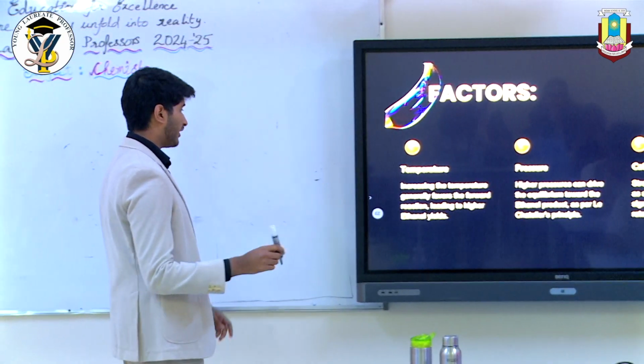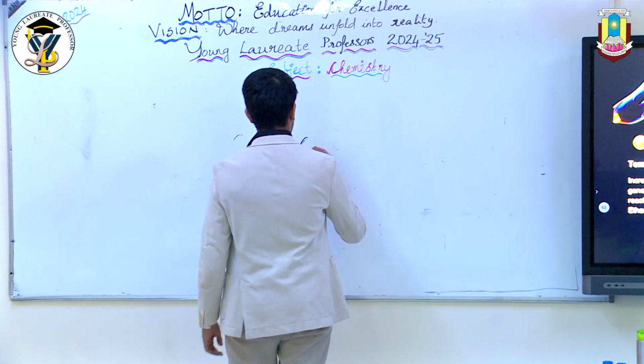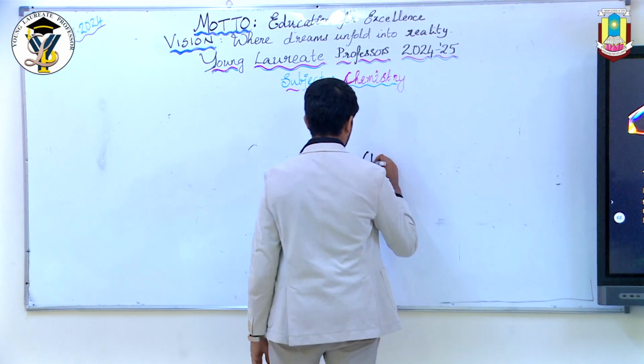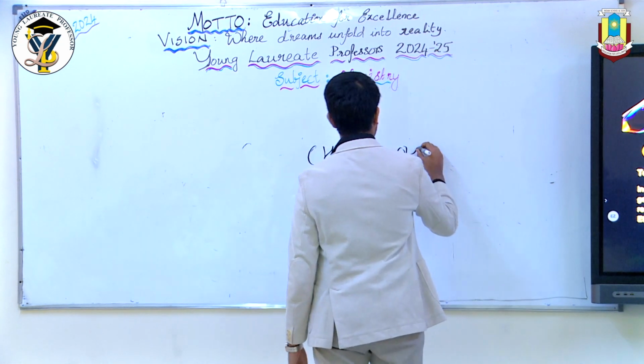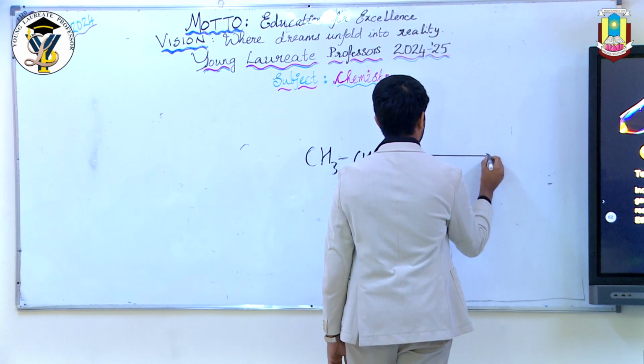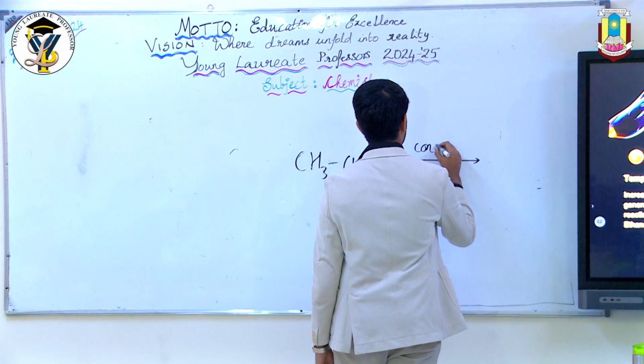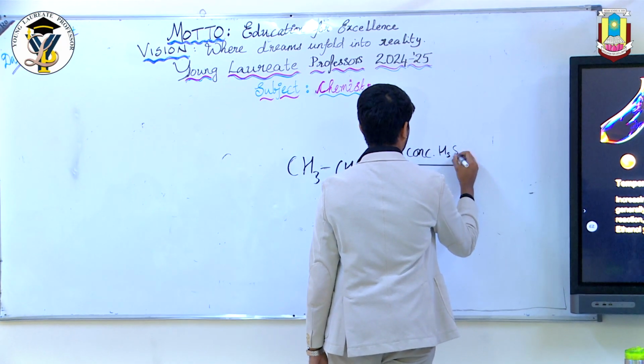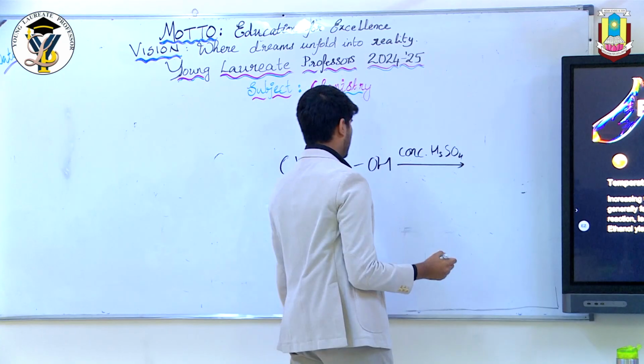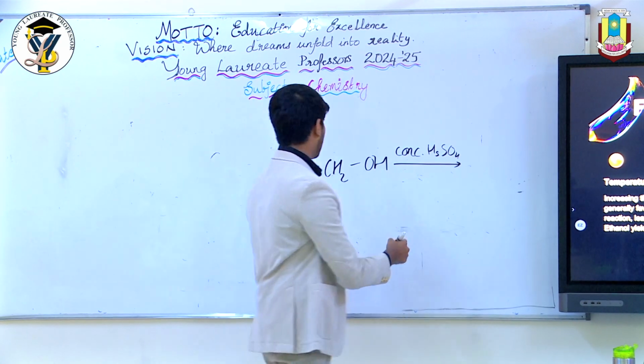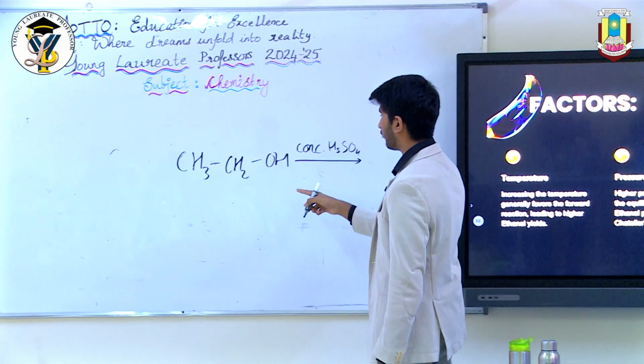Now a way to remember this is ethanol, CH3CH2OH, in presence of concentrated H2SO4, sulfuric acid. This is a dehydrating reagent, and this will immediately remove a water molecule.